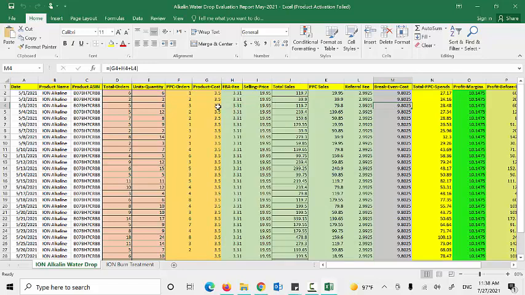Product cost, that is G4, FBA, that is L4.